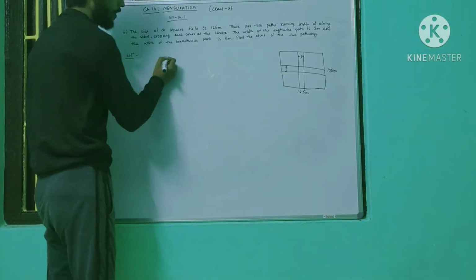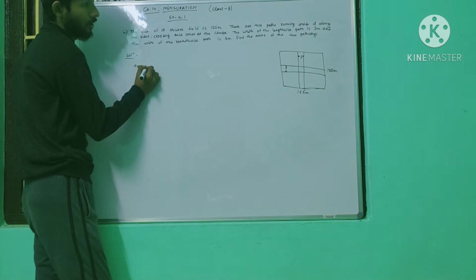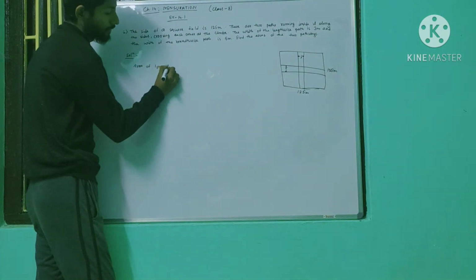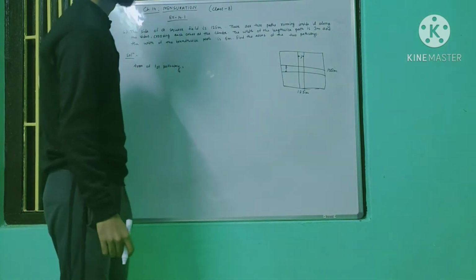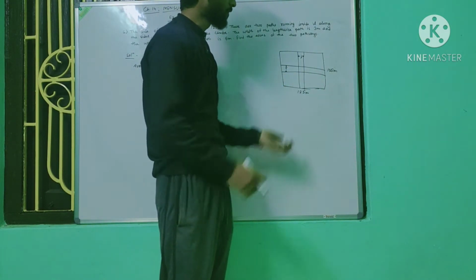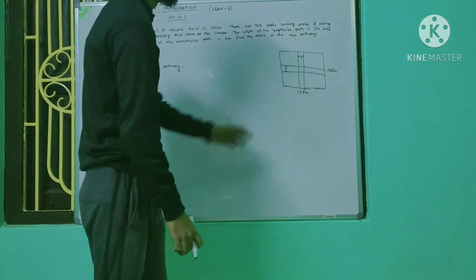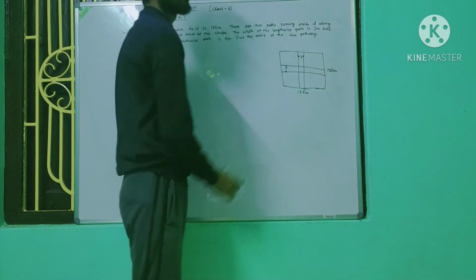So how can you find out area of first pathway, which will be equals to this portion? Suppose this portion. Now from here to here it will be 125 meter. And the breadth is here 3 meter.